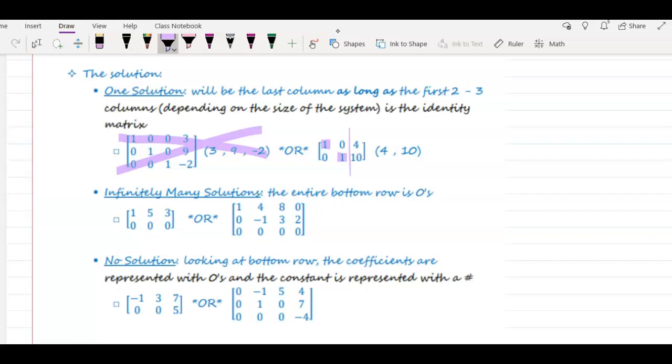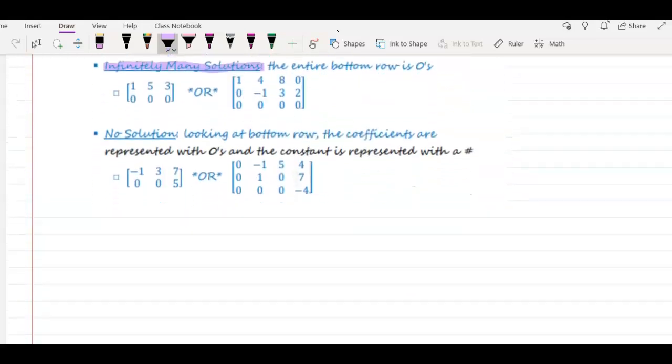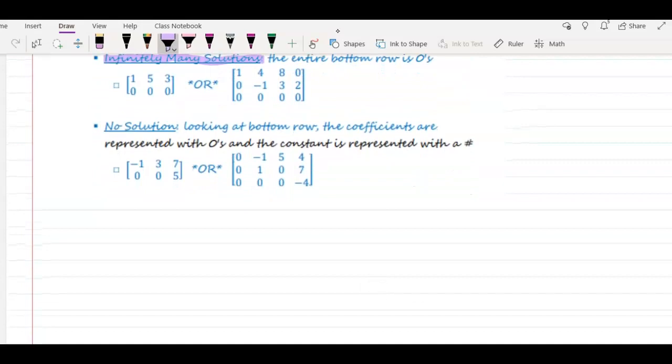Sometimes, though, when you try to reduce it, you'll get something like this, where you don't have 1s on the diagonal and you have a whole row of 0s. When that happens, you end up with infinitely many solutions. Other times, if you look at a row and you have 0 and a 5, think about what that says.